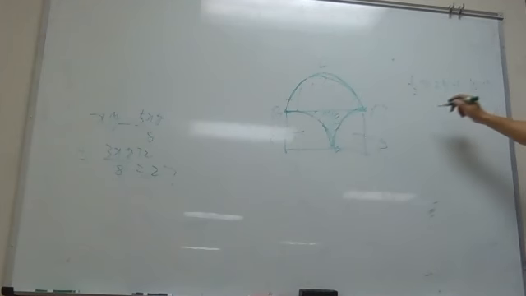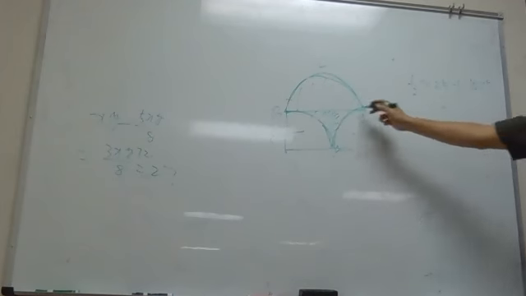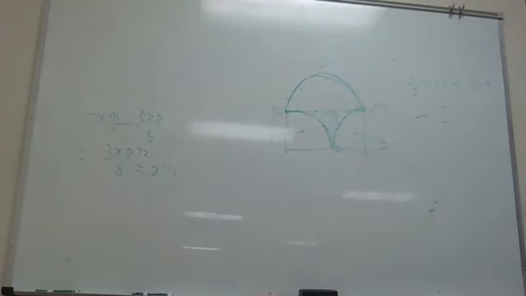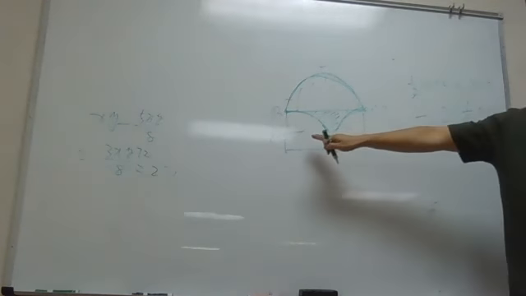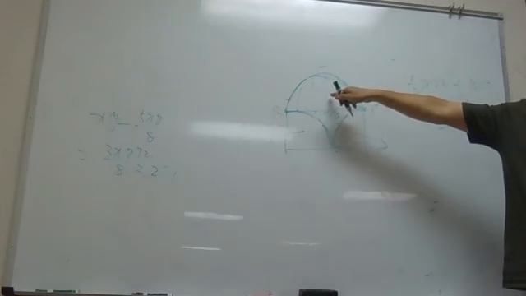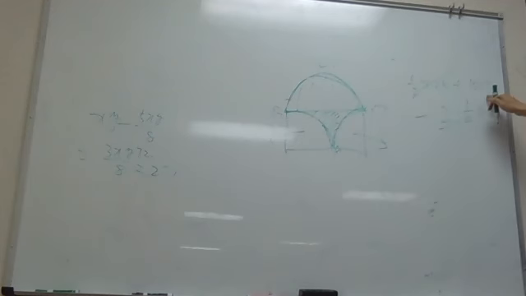And then you subtract the two quarter circles. If you piece these two quarter circles together, you get a half circle, so these two will cancel. So basically you just get the rectangle.